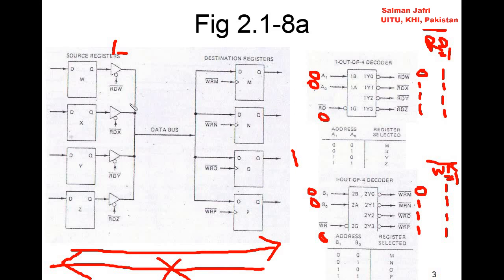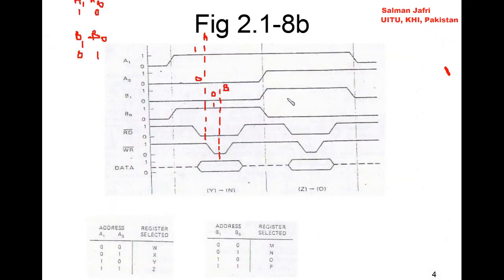If we include the writing signals on this side and we connect the output of the destinations by virtue of the tri-state buffers onto the source registers like this, we have the information for the bidirectional data flow. So what do we mean by that?